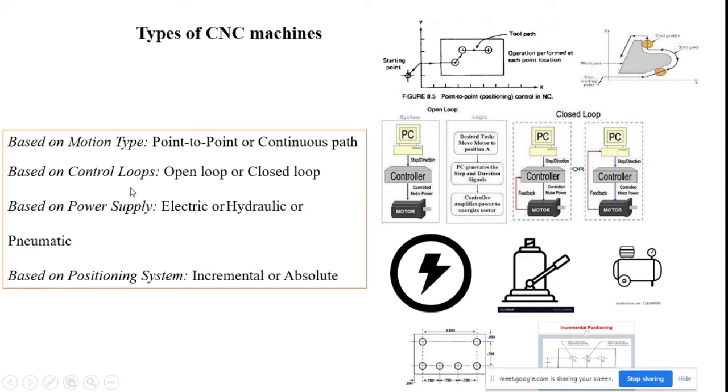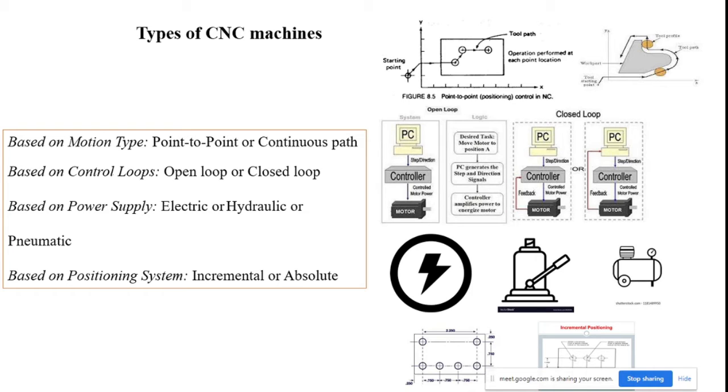Second one is based on control loops. If I give any command to you, and you do not respond, sir, I can understand your lecture, but I can't understand your lecture. Likewise, if you are giving me feedback, then I can get closeness with you. This kind of communication is known as closed loop communication.